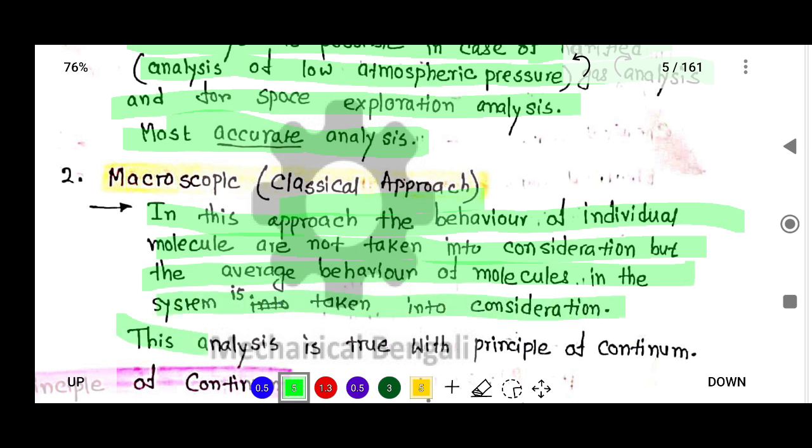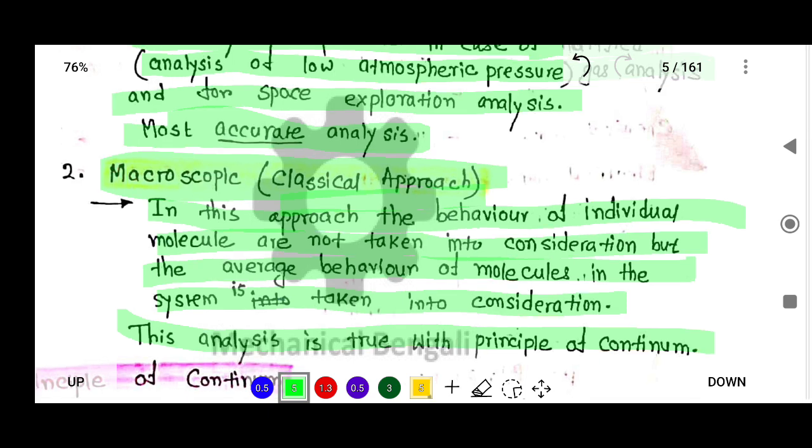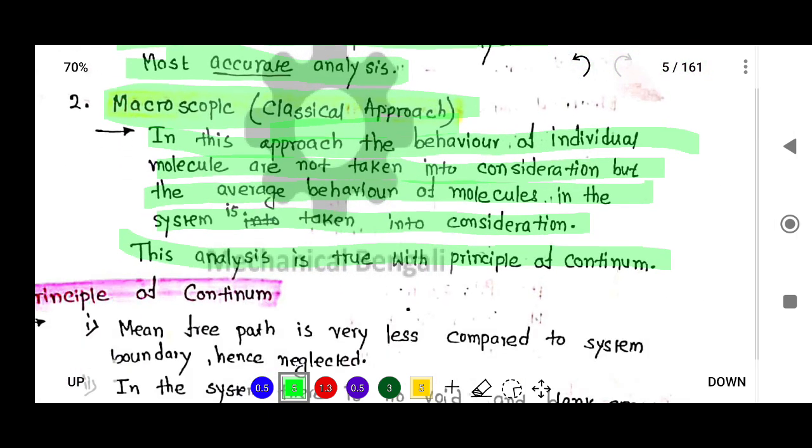This analysis is true with principle of continuum. So in macroscopic approach, the individual molecules are not taken into consideration, but the average behavior of individual molecules is taken into consideration. And this analysis is true with principle of continuum.